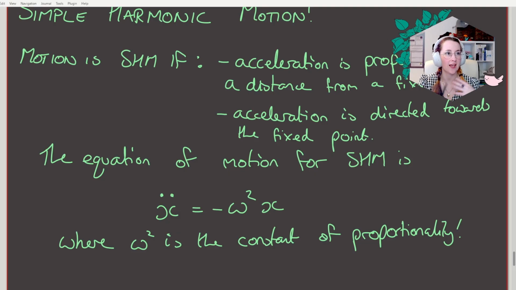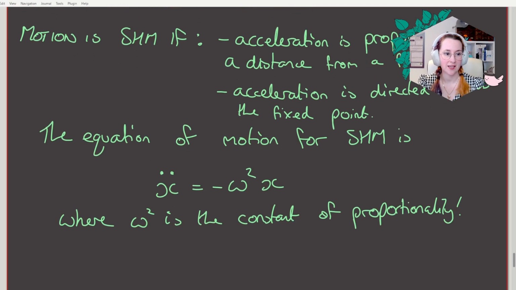So if it's a spring, it might have something to do with its Young's modulus. If it's something else, like a pendulum, it might have something to do with the weight or the gravity. But it's some sort of constant of proportionality, so sort of how the total system affects the thing oscillating.